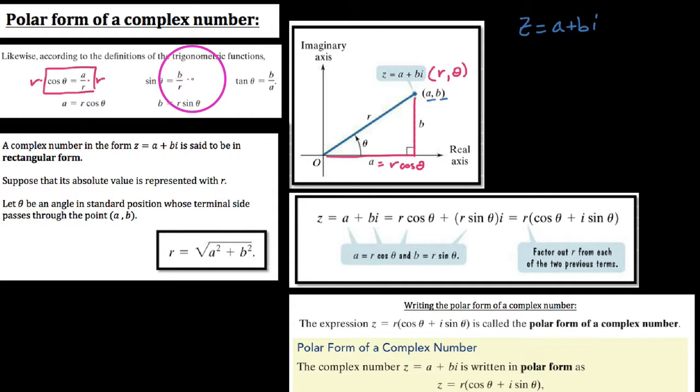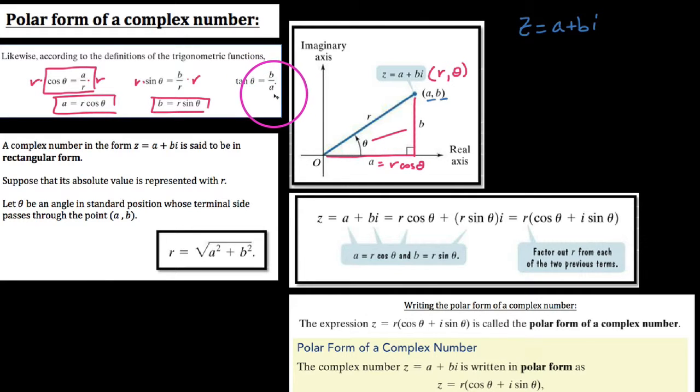And so likewise, by taking both sides times r, we can see that our b value, the imaginary part of our number, is r sine of theta. And then our last relationship that relates theta to a and b would be this: the tangent of theta would be b over a.